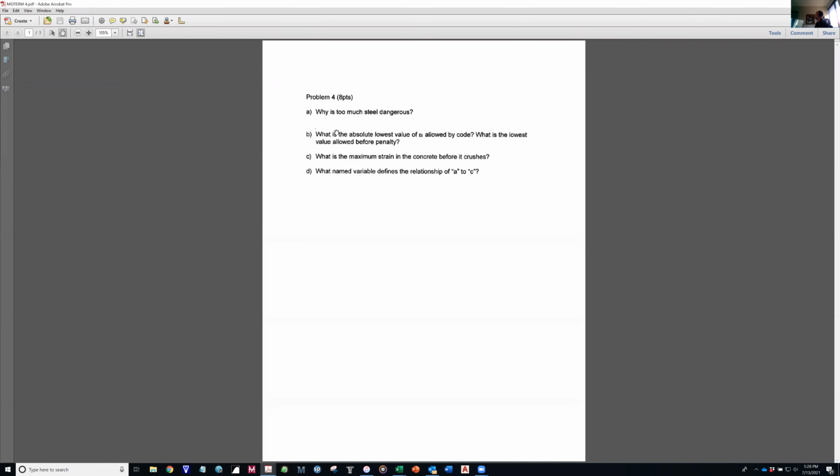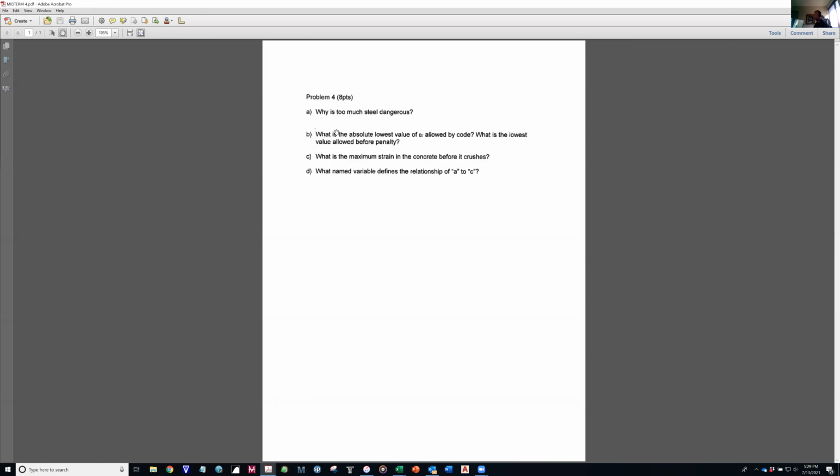Keywords that I was looking for here were basically things to the effect that too much steel means that the steel will not yield when the concrete crushes. That's the key, that the steel doesn't yield when the concrete crushes.